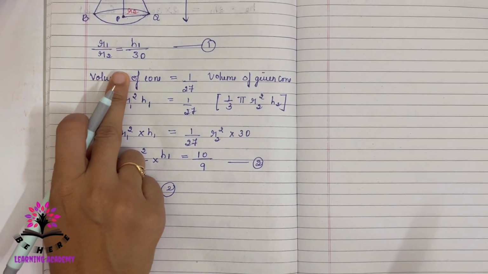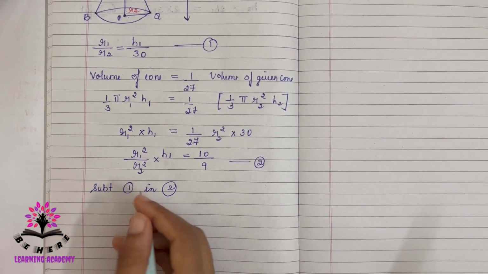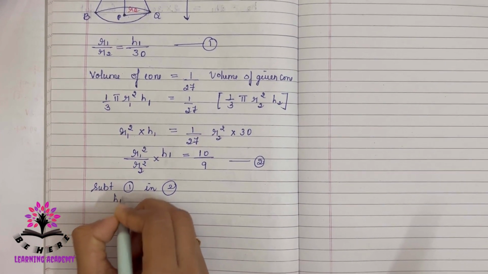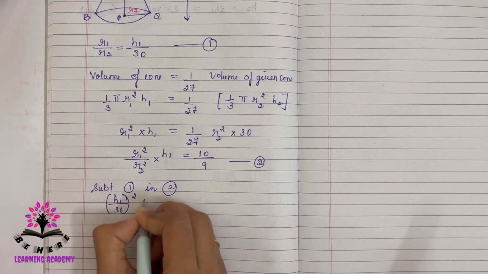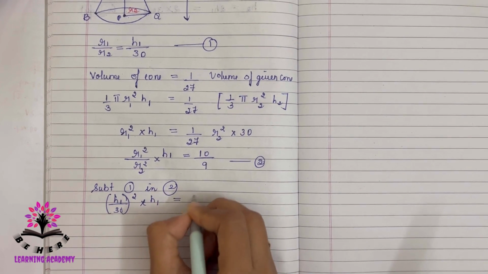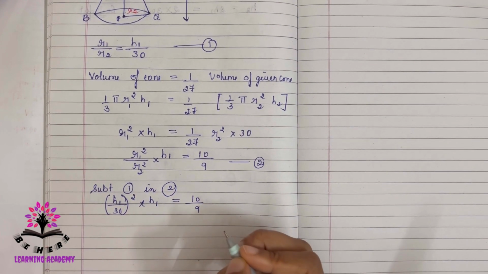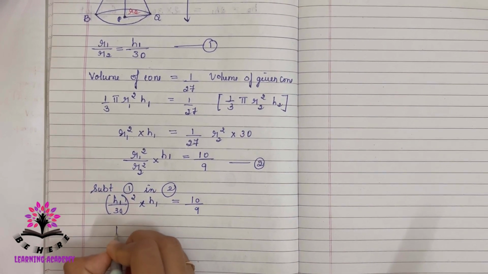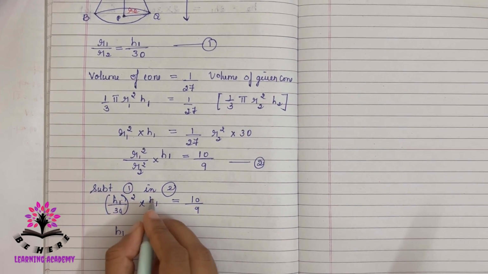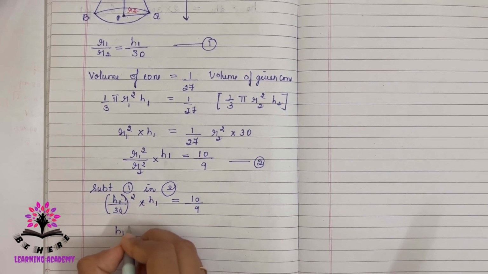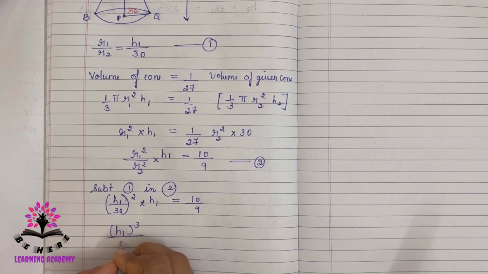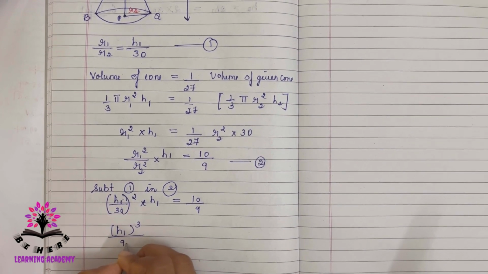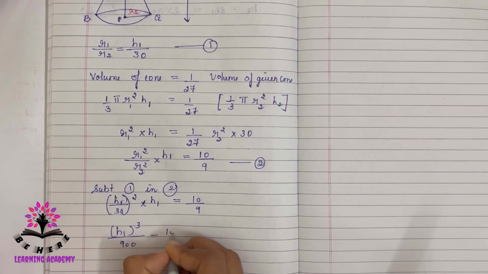In equation number 2 I will substitute, that will be h1 divided by 30 whole square into h1 will be equal to 10 by 9. So h1 into h1 square into h1 will be h1 cube divided by 30 square is 900, will be equal to 10 by 9.